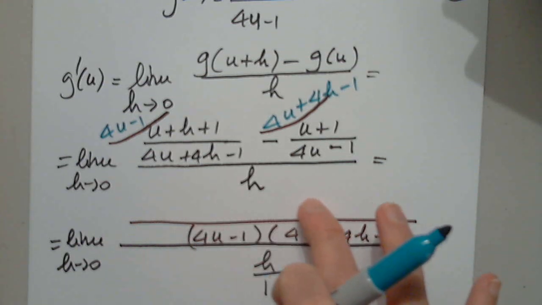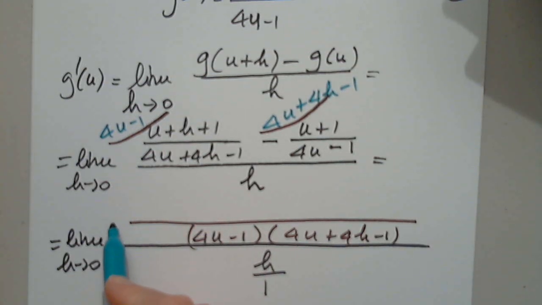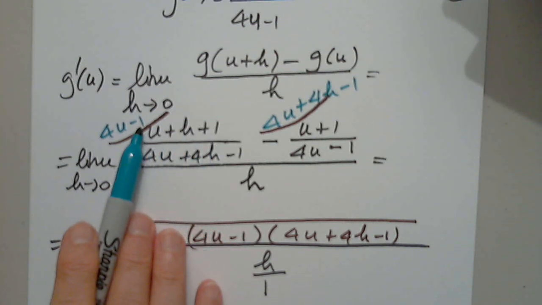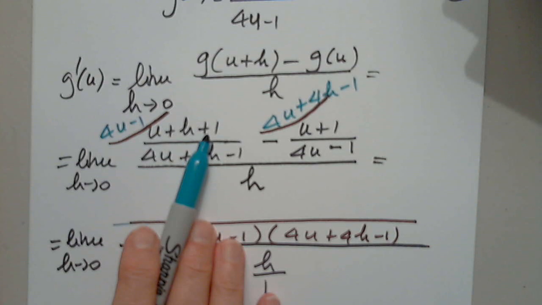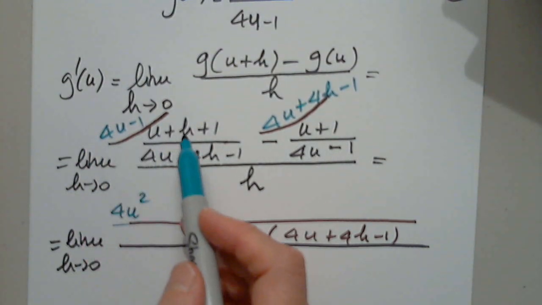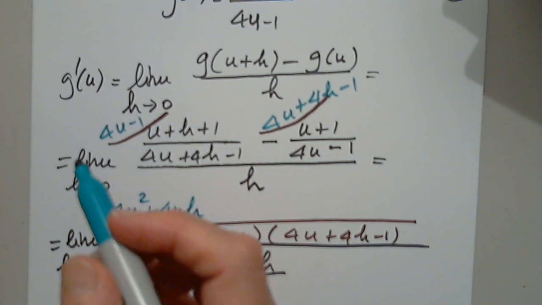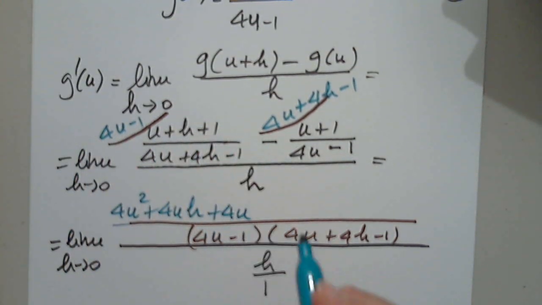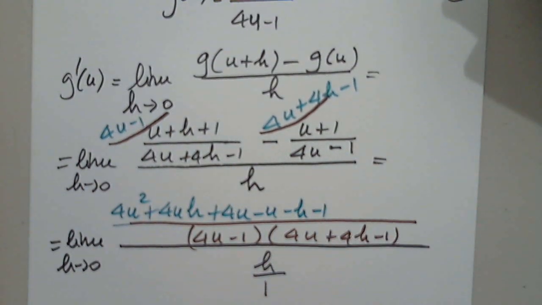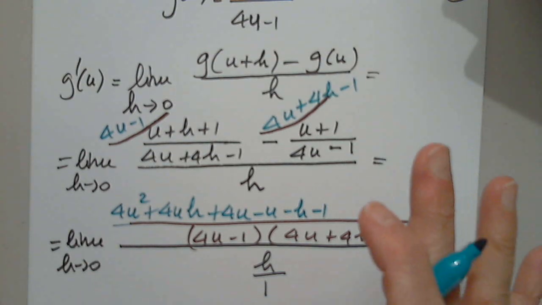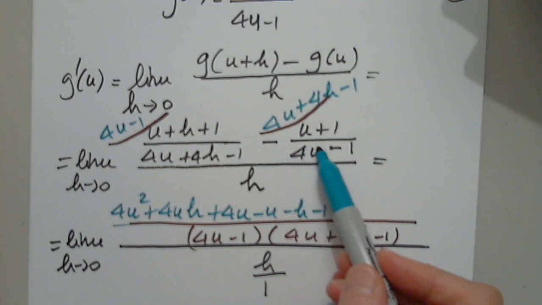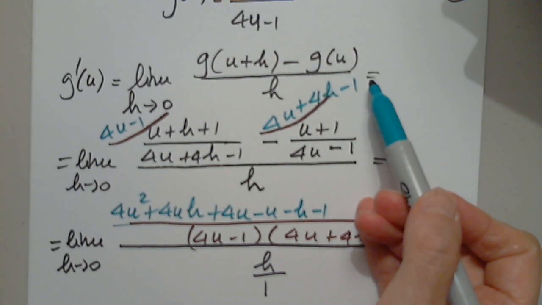I'm pretty sure I'm not going to have enough room here, but I'm going to try. 4u distributed to these three terms, then minus 1 distributed to these three terms. 4u times u is 4u squared, 4u times h is 4uh, 4u times 1 is 4u, minus u minus h minus 1. Now be very careful because we have minus u to be distributed here and minus 1 to be distributed here.